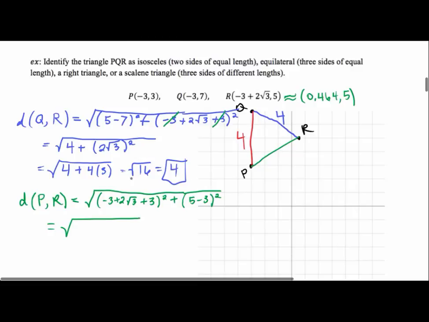Negative 3 and plus 3, those cancel. Okay, so we have 2 root 3 all squared plus 2 squared is 4. If we square the 2, we get 4. If we square the square root of 3 right here, we get 3. So 4 times 3 plus 4, that's 12 plus 4 is 16, same thing. Okay, so all the side lengths are 4, so it's equilateral.